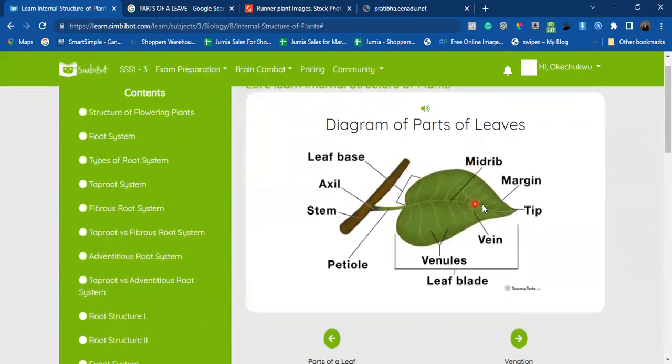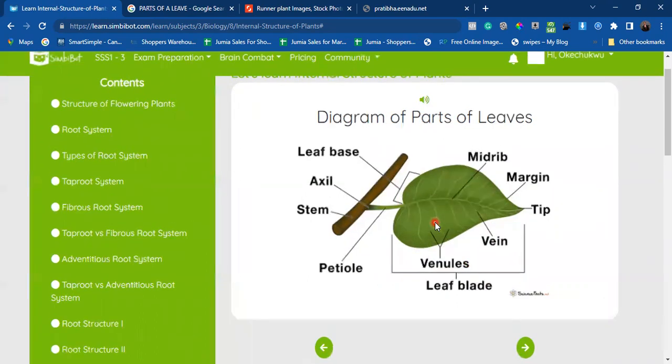So the middle is called the midrib. We have the tip. We have the leaf base. The petiole is what connects it to the stem. And then we have the blade. This inner thing are called the veins.